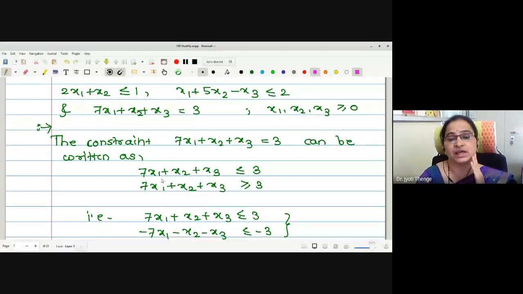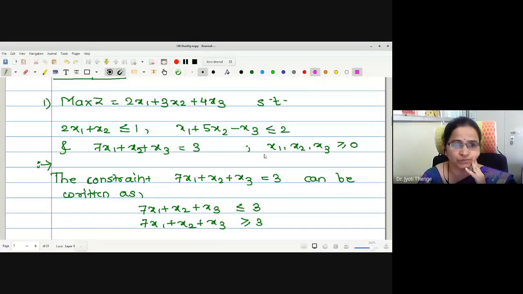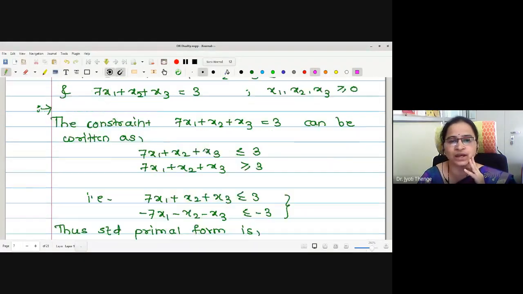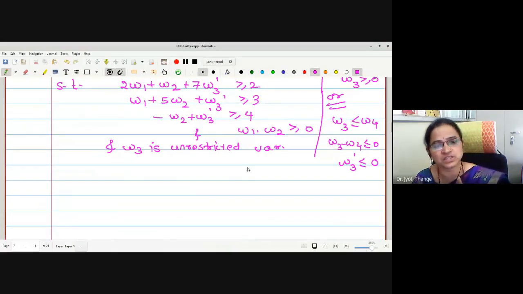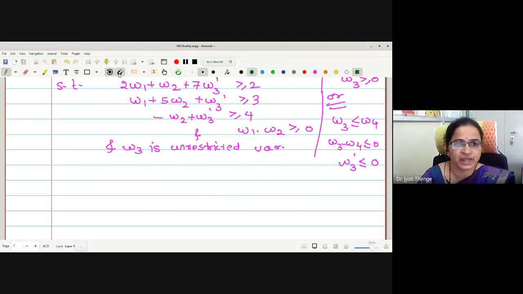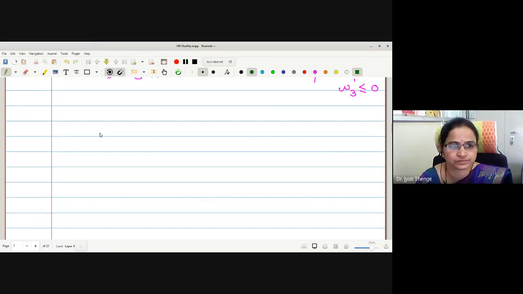One more point to notice: if the third constraint is an equality, we have obtained the third dual variable as unrestricted. If the pth constraint is equality, then the pth dual variable is unrestricted in sign. Let me go for one more example.